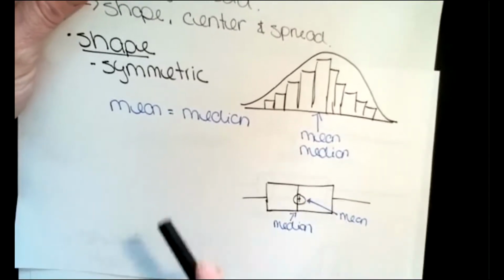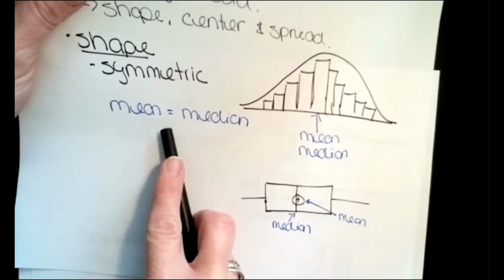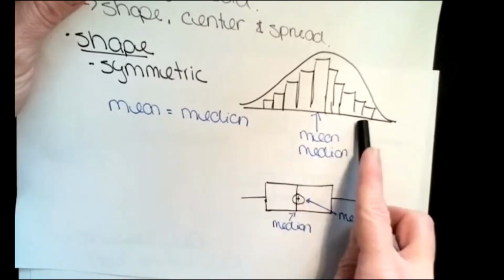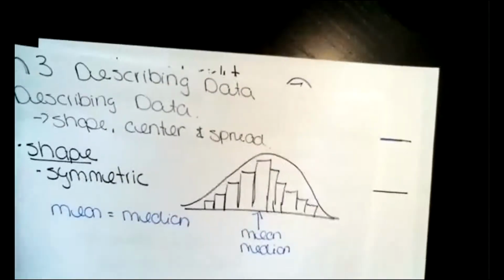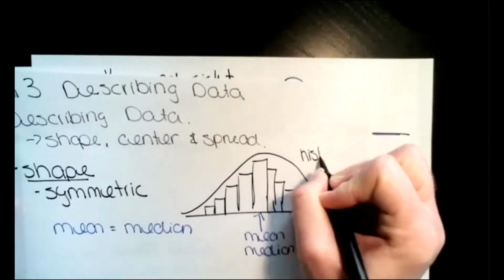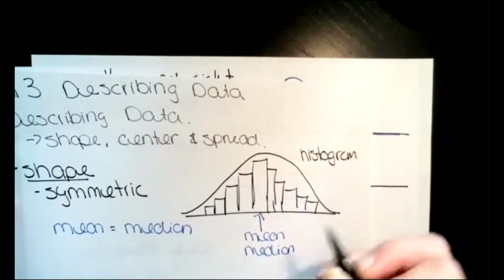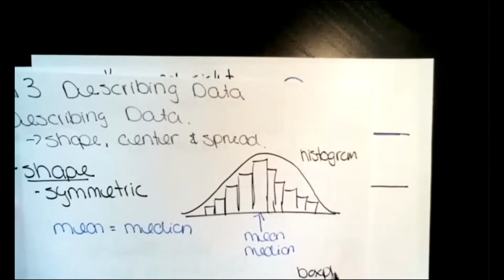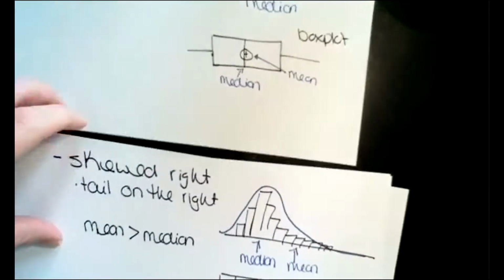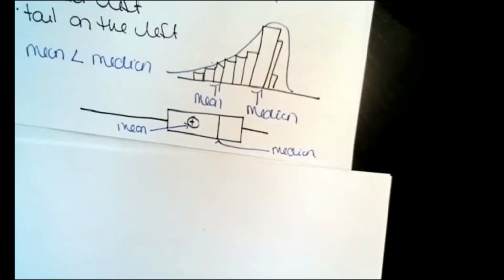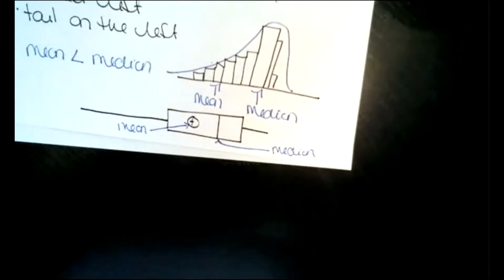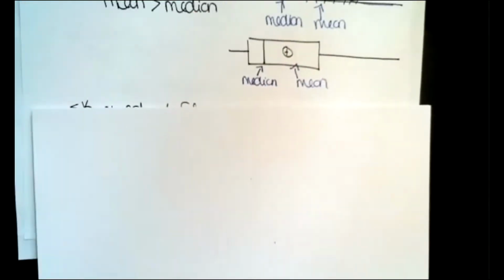So we could tell the shape just by using one of these: the actual numbers of mean and median, a histogram, or a box plot. Okay. I'm going to go through an example with you guys in a few minutes, and I'll show you how to do it. Okay. So that's the shape.